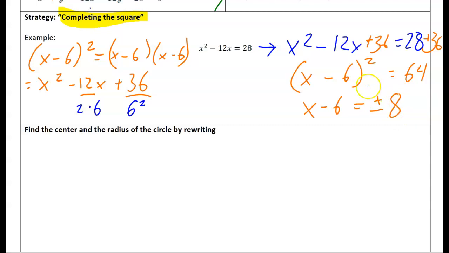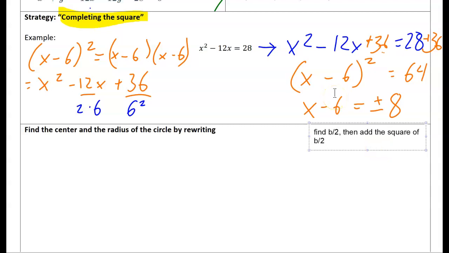Now, we need a rule, right? We need to figure out which number to add. So I picked 36 because I already did this example. But if I run into one in the wild, how do I figure that out? Well, the rule is: find your b term, divide it by 2, then add the square of that number.